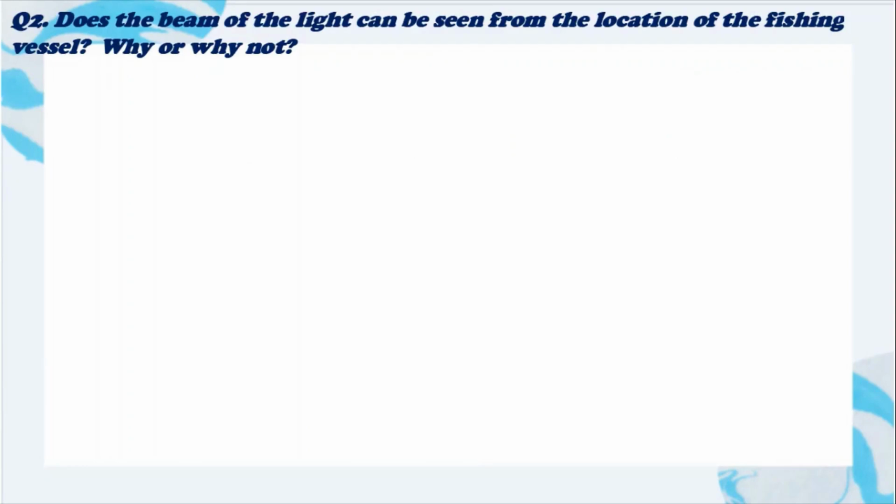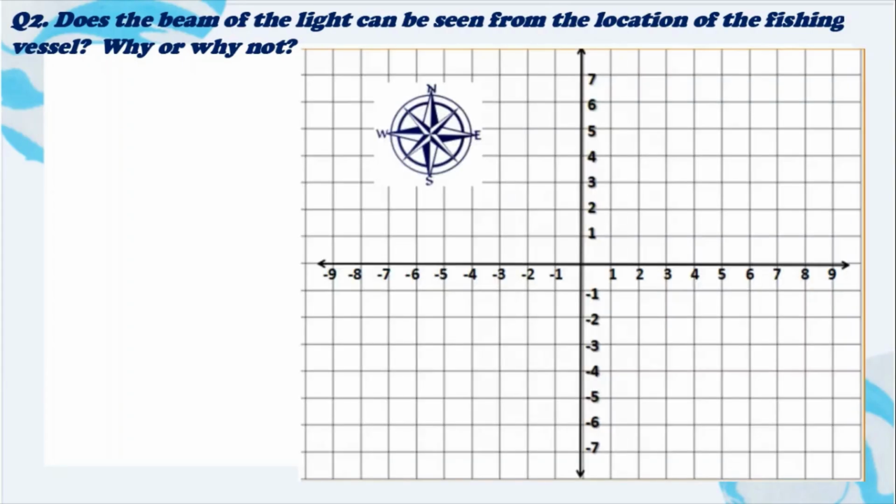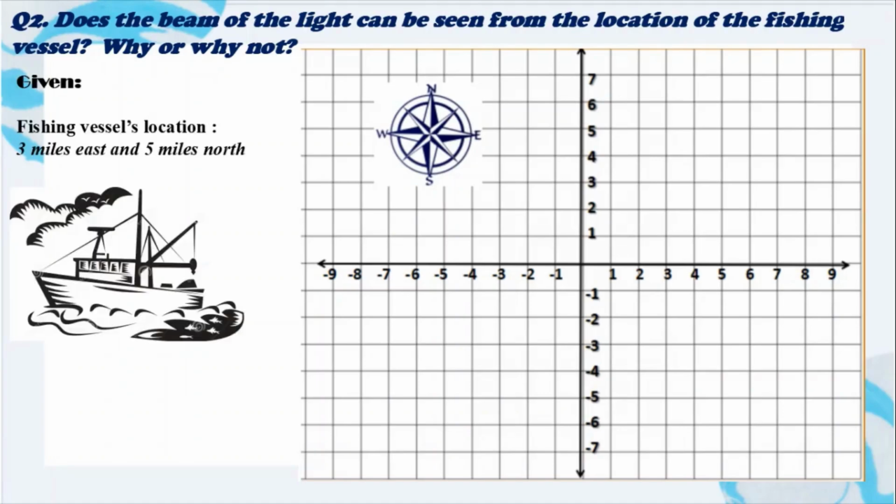Question number 2 is, can the beam of the light be seen from the location of the fishing vessel? Why or why not? First, we need to recall the Cartesian plane. Why the Cartesian plane? With it, we can easily visualize the location of the fishing vessel, which according to the problem is 3 miles east and 5 miles north.